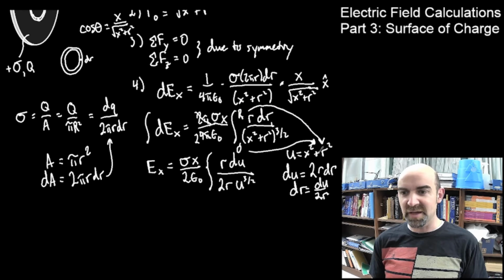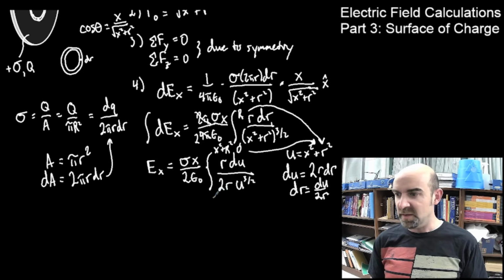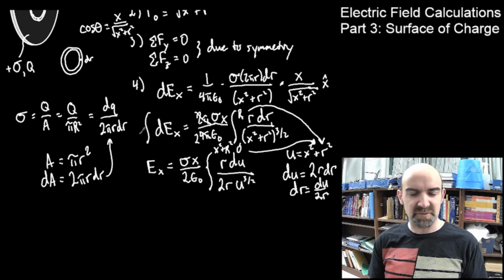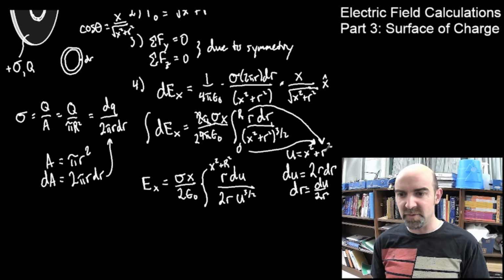So when we plug in the capital R here, we'd end up with a top bound of x squared plus capital R squared. When we plug in a 0 for r, our bottom bound would be just x squared.